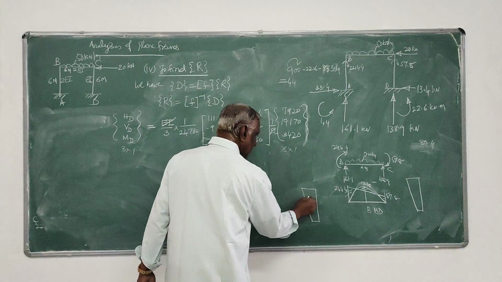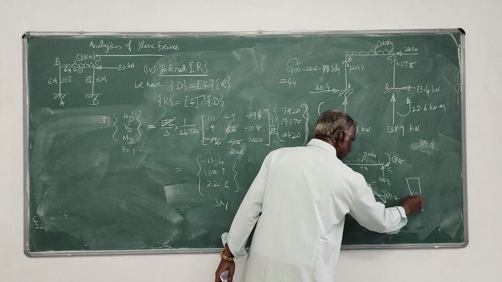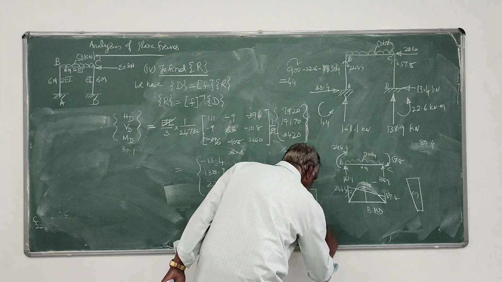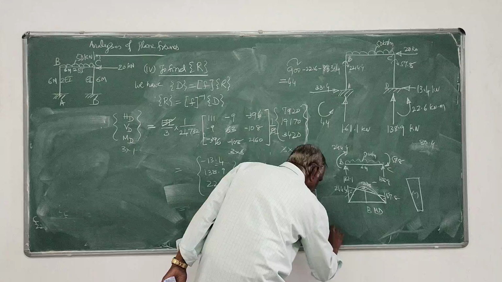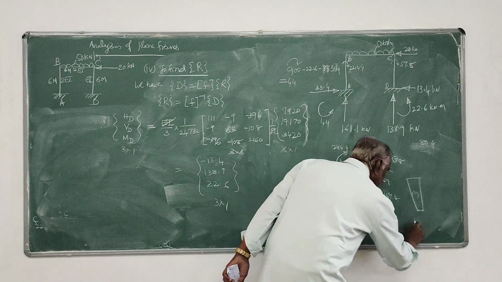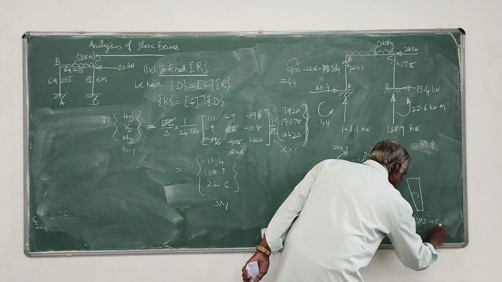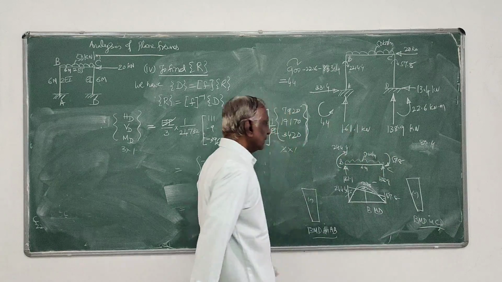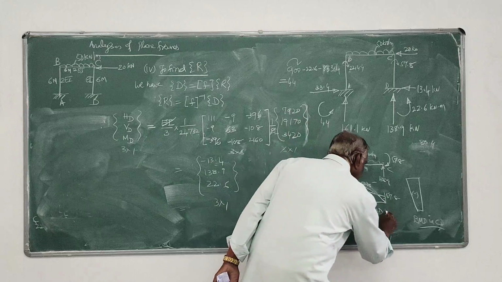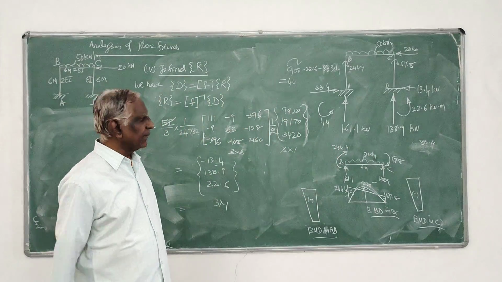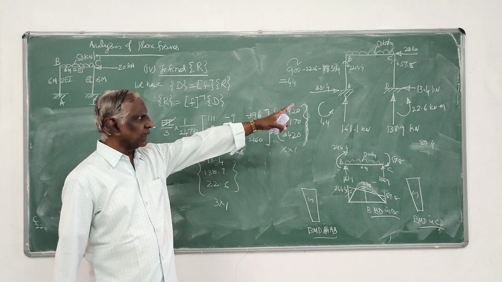So these are the bending moments in the columns. In AB, this is the BMD. In CD, this is the BMD in BC. That's all, that's the bending moment from that result.